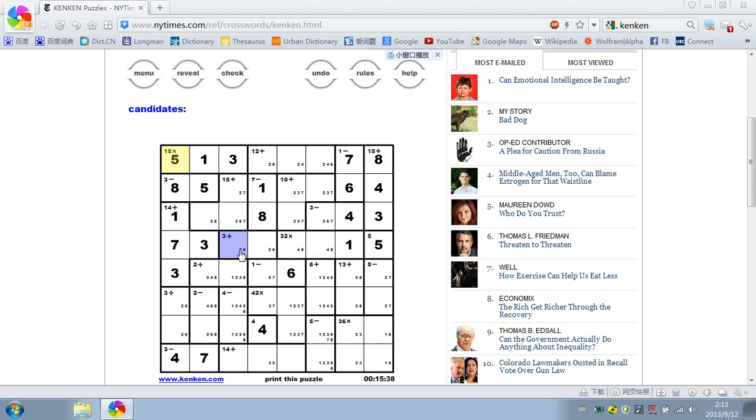So 2, 6, 7, that's a naked triple. So you cannot have 2, 6, 7 anymore. So that's 1, 4, 5, 8 left.